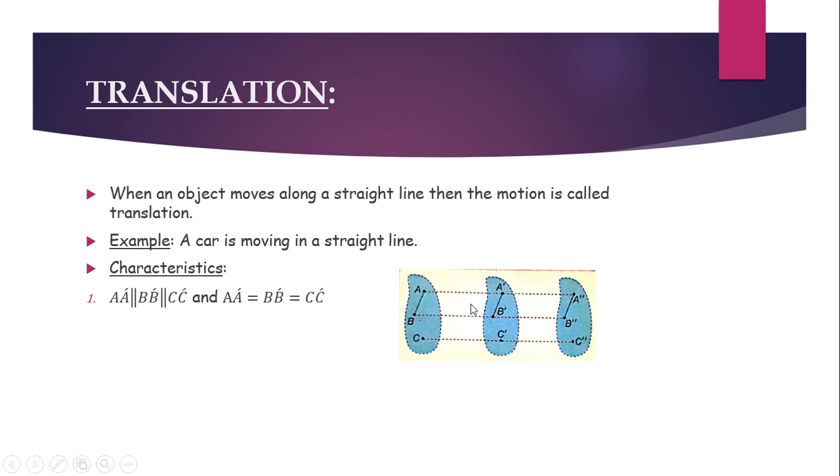Like A A prime is perpendicular to B B prime is perpendicular to C C prime, and A prime A double prime is perpendicular to B prime B double prime is parallel to C prime C double prime. Sorry, it is not perpendicular, it is parallel. Sorry, that is, A A prime is parallel to B B prime and B B prime is parallel to C C prime.